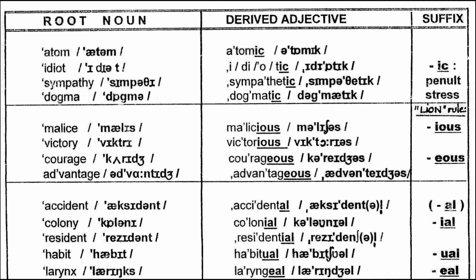So we practice together, and I want to explain and analyze what happened to the root, describing all the changes from the root to the adjective. I'm going to talk about the stress shift, how the stress has shifted because of the stress shifting suffix.